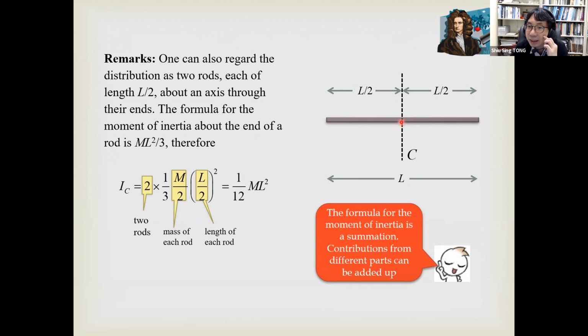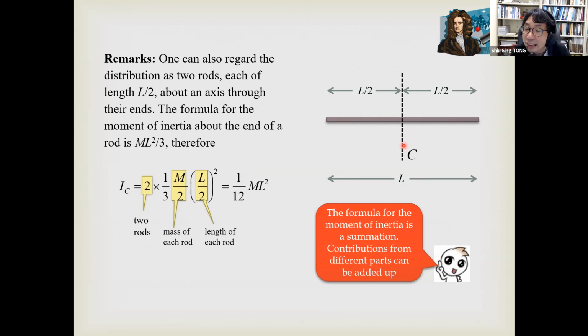Okay. Now, if you chop the rod in half, then you will be finding the moment of inertia of that smaller rod about one of its ends, right? And because that is a summation, if you add up the moment of inertia of those two smaller rods, you get the moment of inertia of the large rod about the center.